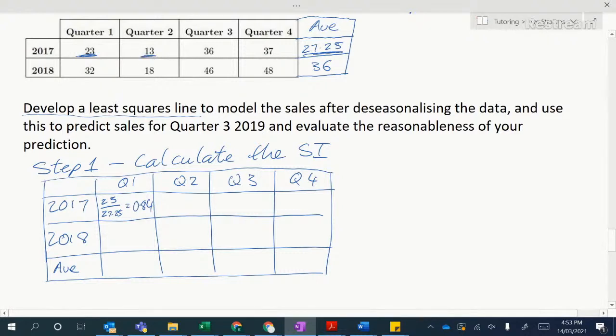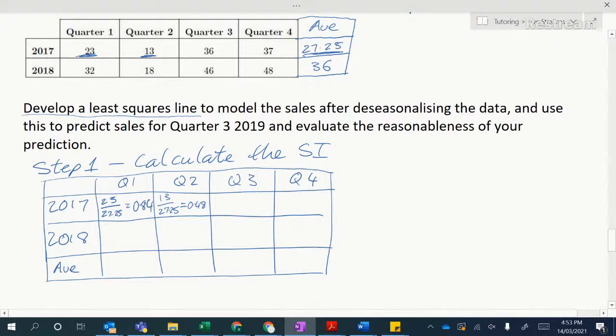We've got 13. Once again, we're expecting this to be below average. So 13 divided by 27.25. What do you get? I got 0.48.